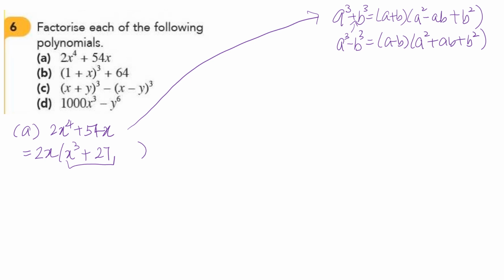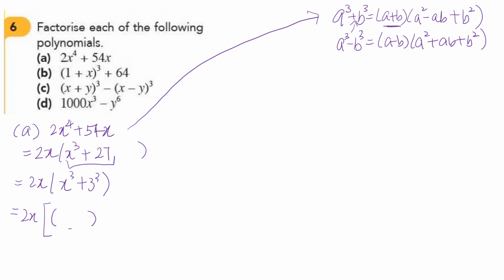But of course, I need to write 27 as the cube of a number, which by now all of you are proficient enough to know is 3 cubed. 3 cubed gives you 27. To do this well, the best way is to put it in brackets. So I need the first bracket here.